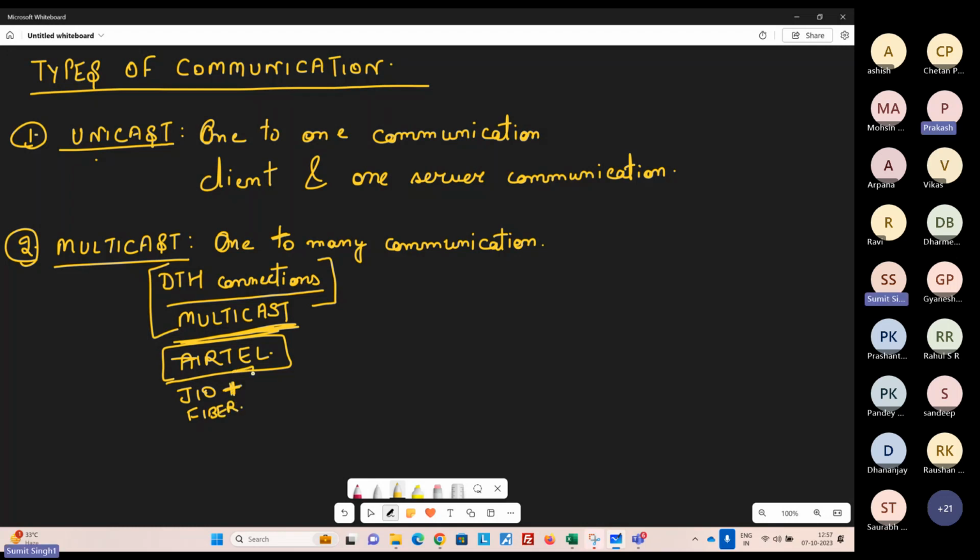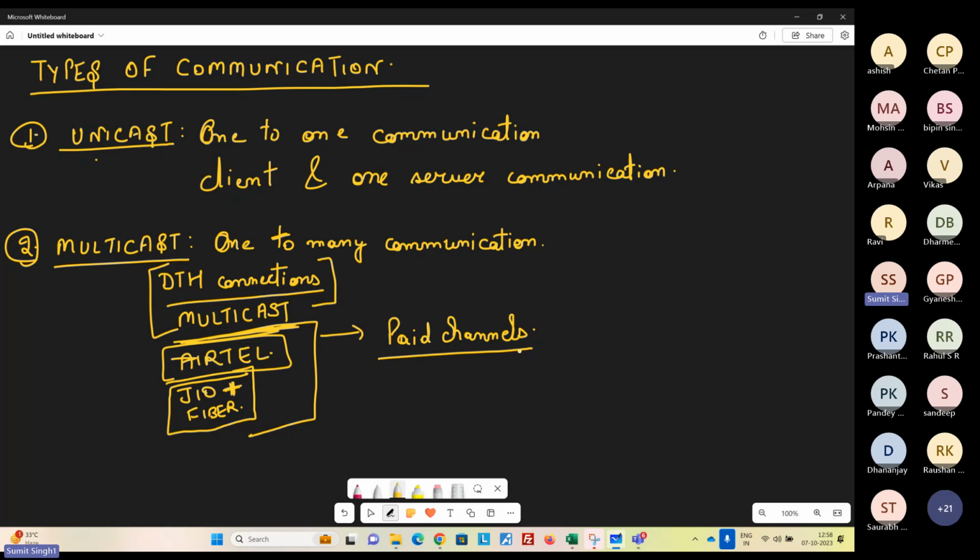You must have observed, whatever DTH connection you are using in your home, there are some paid channels, right? They are not available for you to view. For them, they ask for a specific subscription. You pay that amount, and then you suddenly start getting the telecast of those specific channels.